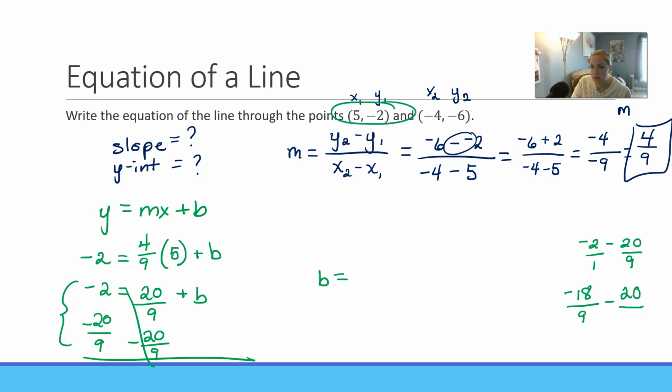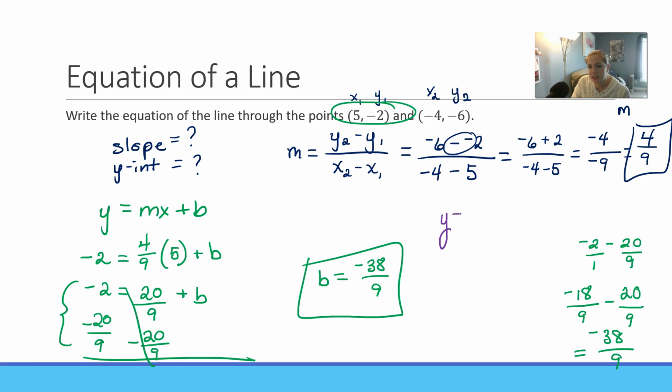I should have picked a nicer number. Keep the denominator when you're adding or subtracting and subtract the top. -18 minus 20 is -38/9. Ooh, that is a nasty number, but that's okay. We found our b! Yay! After all that, we found our b. So we're going to put together our b and our m and just plug it into y equals mx plus b.